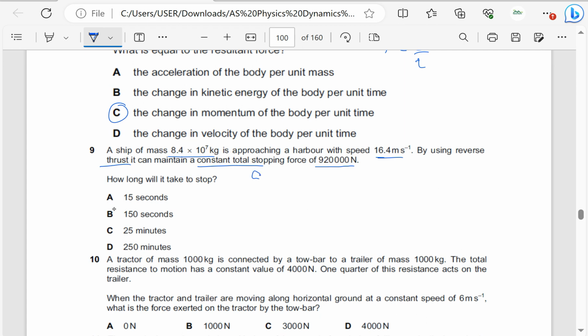So the acceleration, by Newton's second law, force is ma. So the acceleration is going to be F over m, which will be negative 920,000 because it is a reverse thrust, so it is a stopping force, divided by the mass, which is 8.4 times 10 power 7.